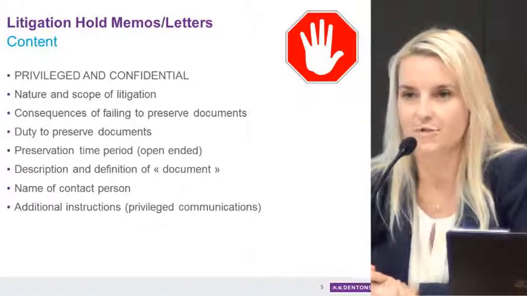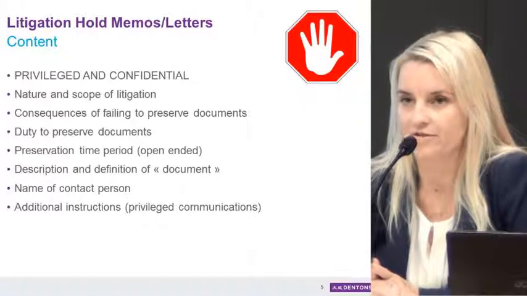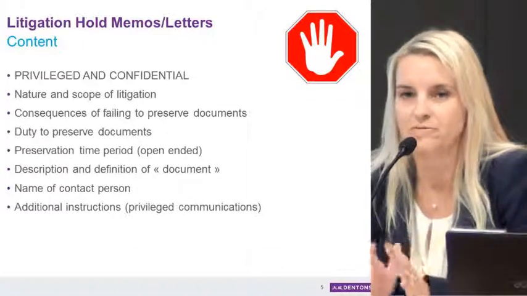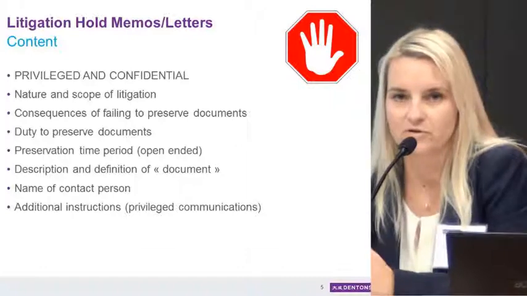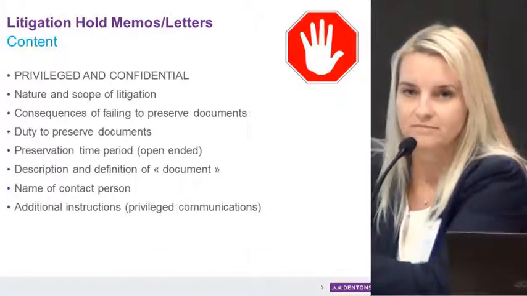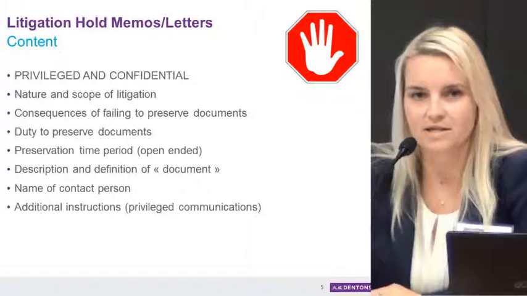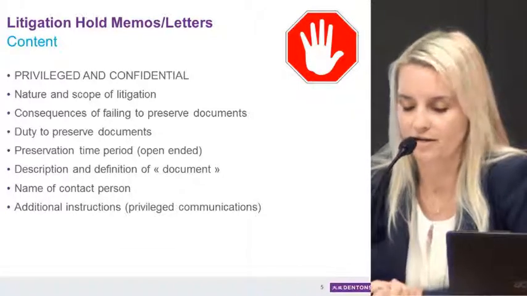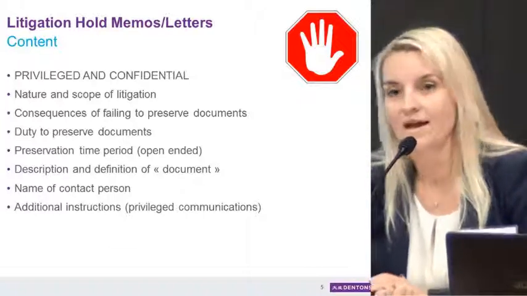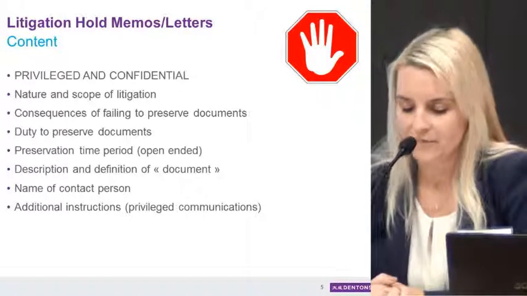You should describe the nature of the file, so the litigation matter. So we have been sued by X person, and they are claiming for A, B, C, D. So describe the nature of the litigation so your employees will know what they are looking for.